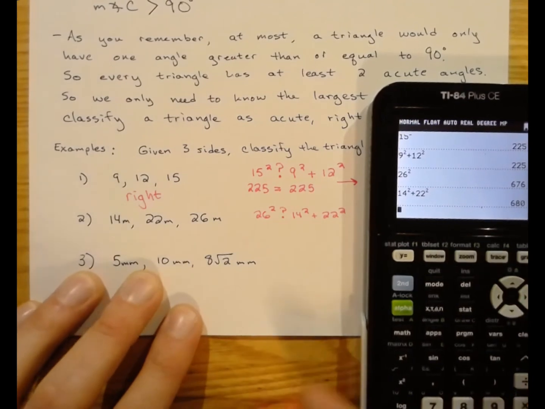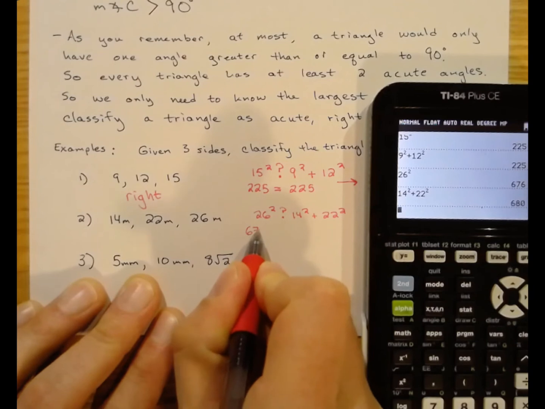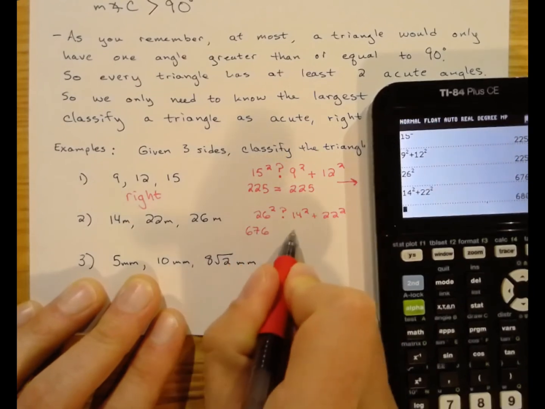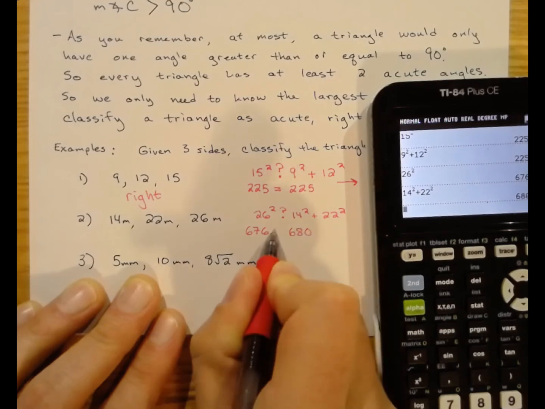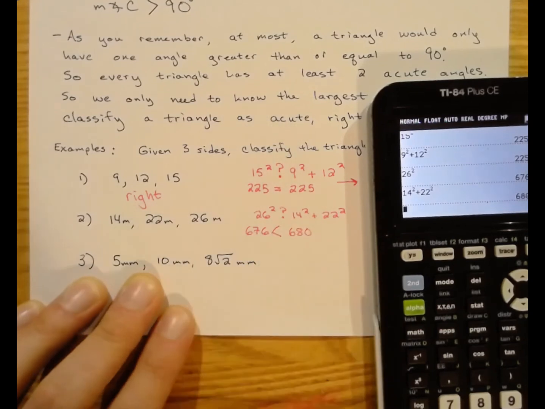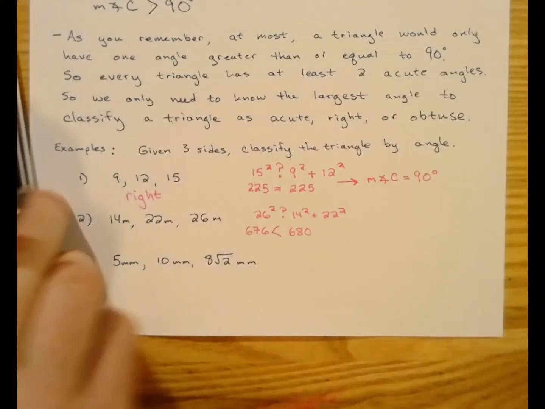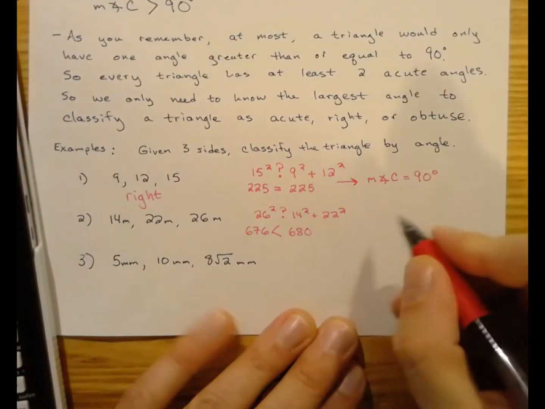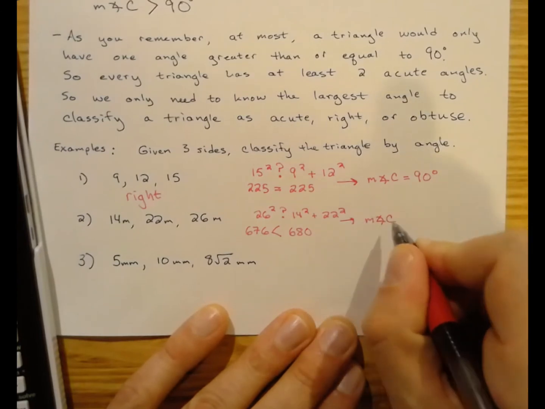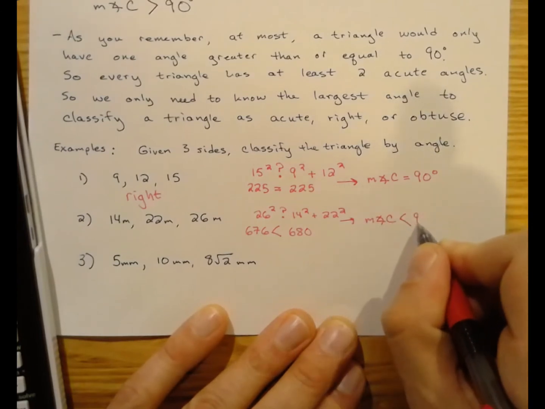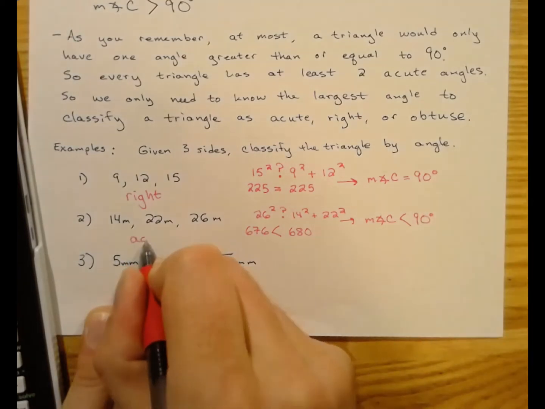So this time, the longest side squared is 676, and the sum of the squares of the other two sides is 680. So we get c squared is less than the sum of the squares of the other sides. That means the measure of angle C is less than 90 degrees, and this triangle is acute.